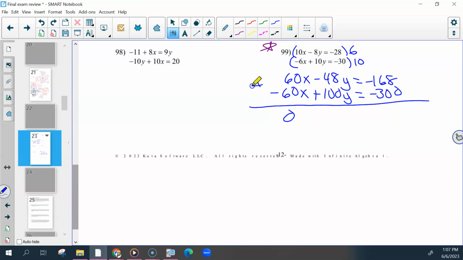Negative 48 plus 100 would be 52y. And then negative 168 plus a negative 300 would be negative 468. And then divide both sides by 52. Are we adding? Yes, but if you added a negative, you would still be subtracting.